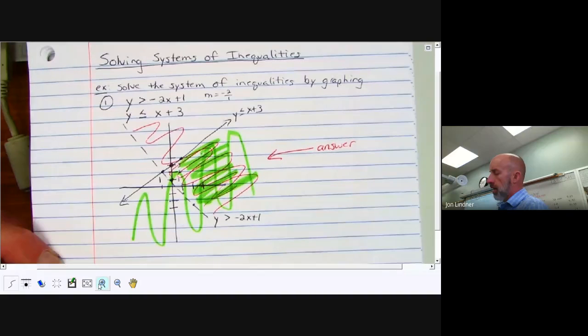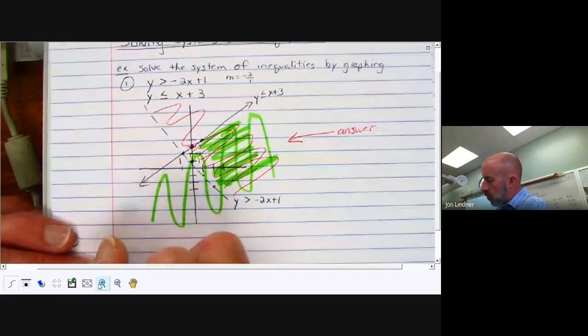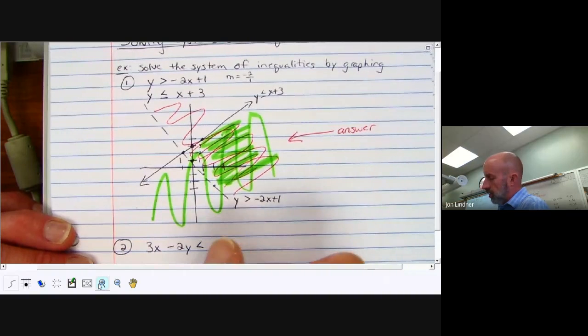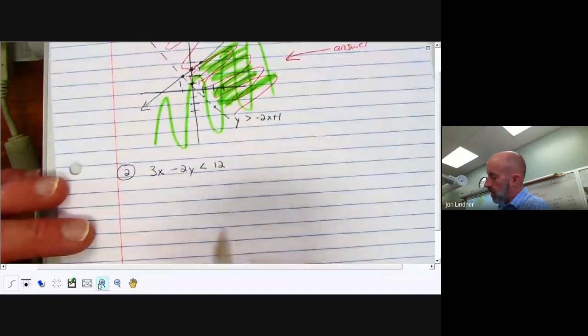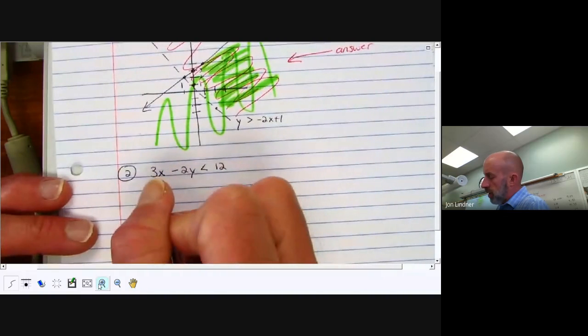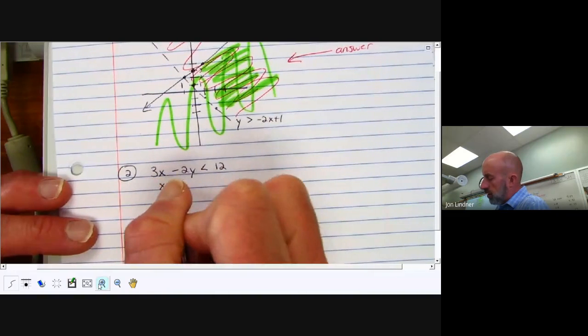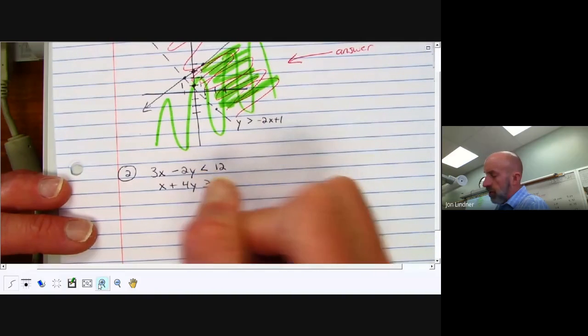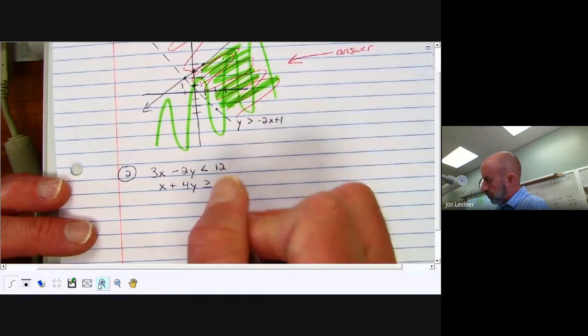All right? However, if you get one like this, 3x minus 2y is less than 12, and the other equation is x plus 4y is greater than or equal to 8.